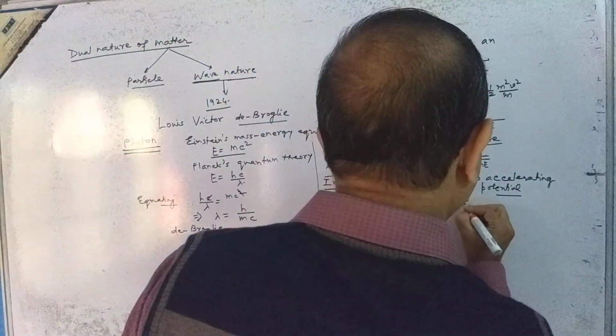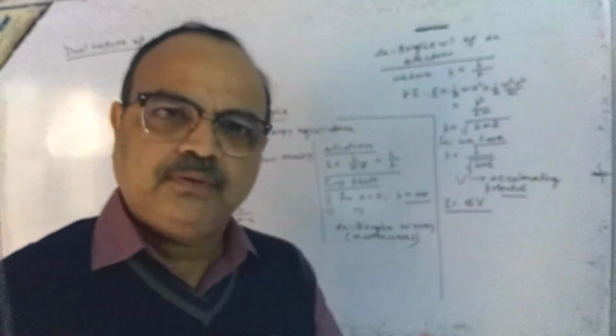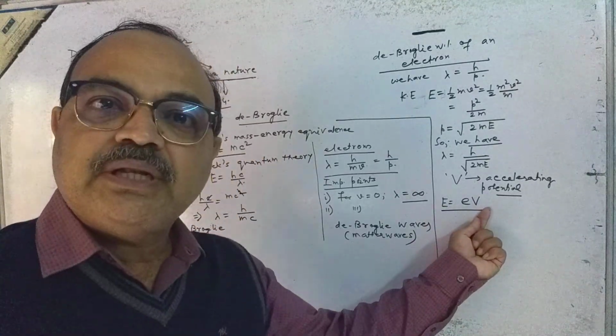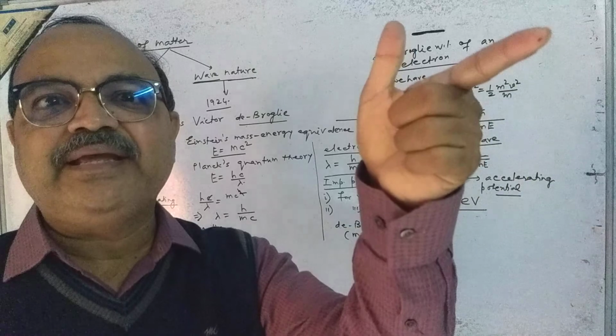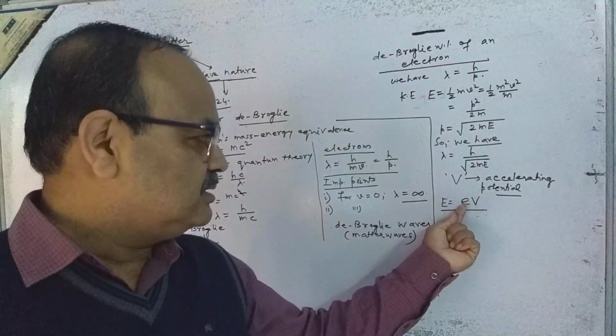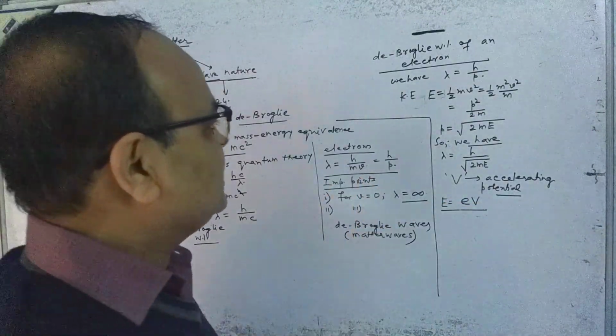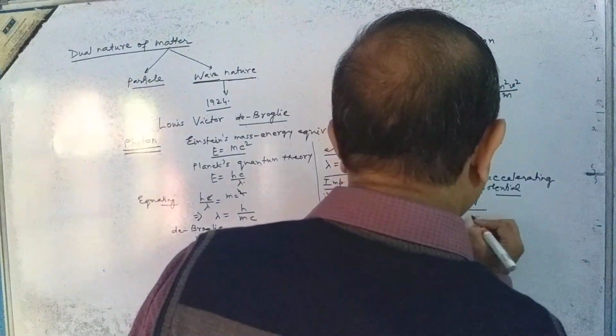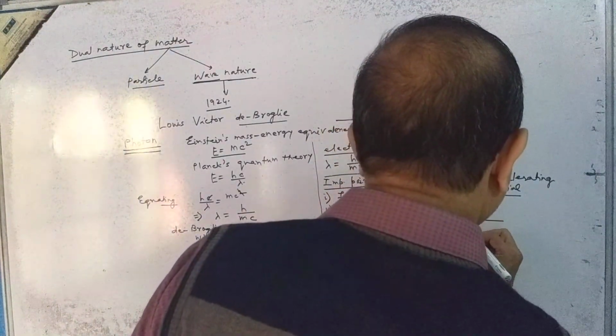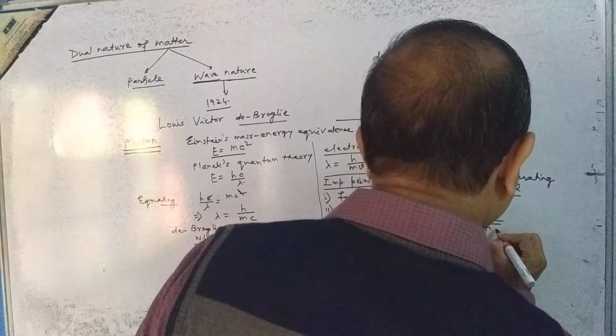The kinetic energy should be equal to eV. We all know the accelerating potential is the potential that is accelerating it. How much energy will be there? eV, for one electron. That means we shall get lambda is equal to h by root 2meV.